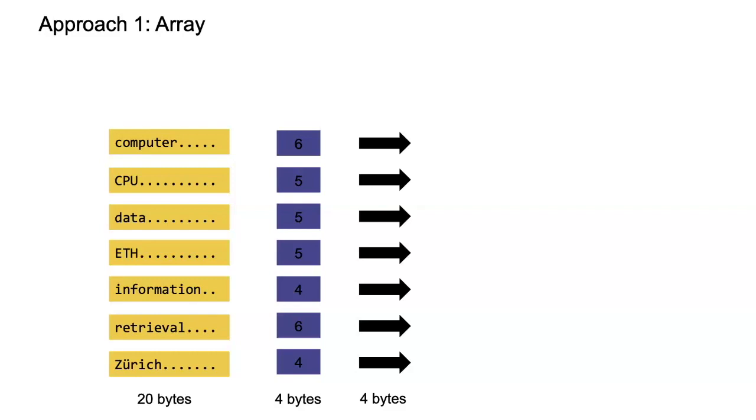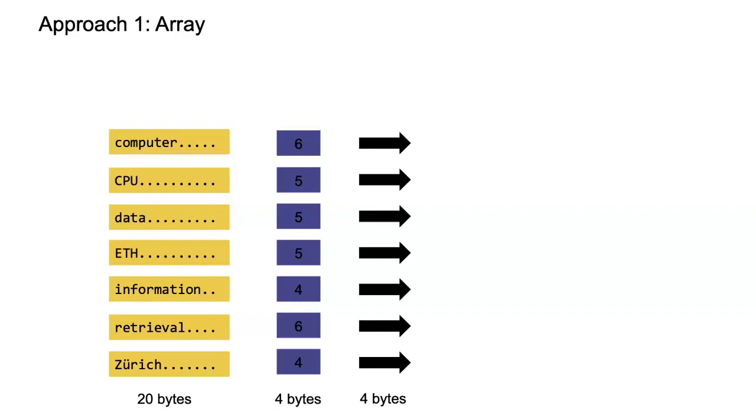But let's oversimplify. So 20 bytes, 20 characters for every word. 4 bytes, that means 32 bits, for the document frequency. That's the purple box that goes along every term. And then we have 4 bytes if we are assuming that we only need 32-bit addresses for the pointers in memory, right? So that would be the older architecture.